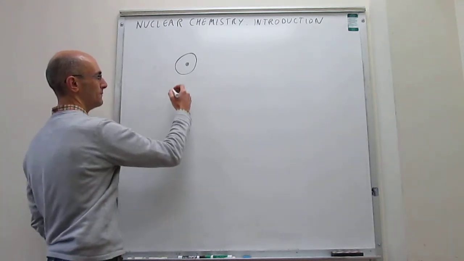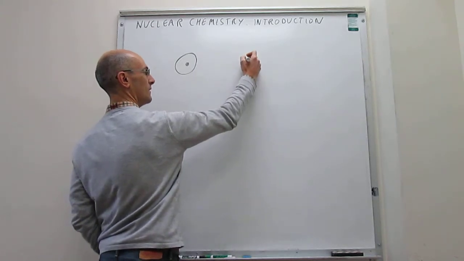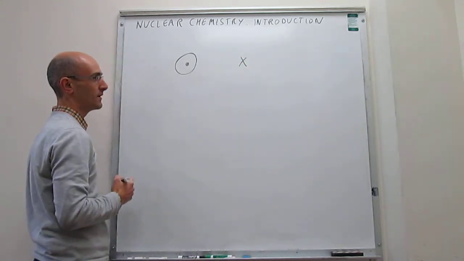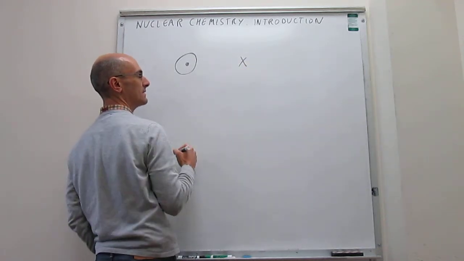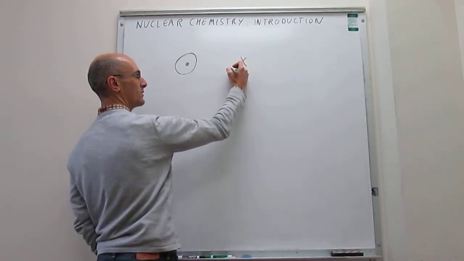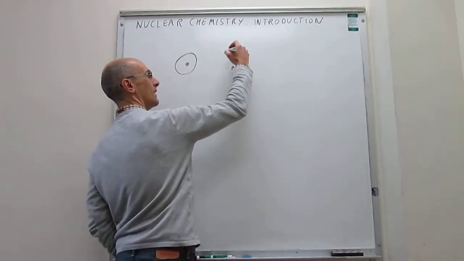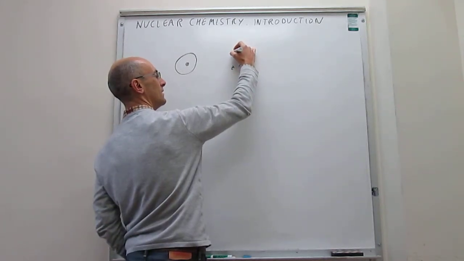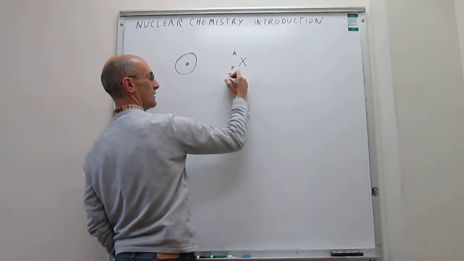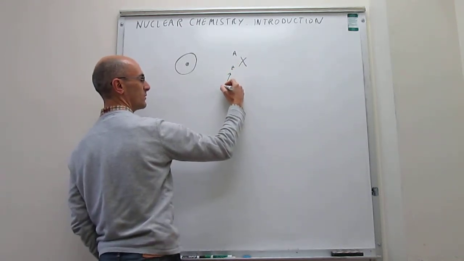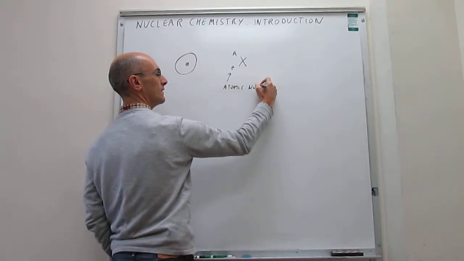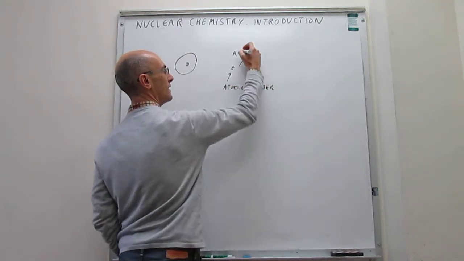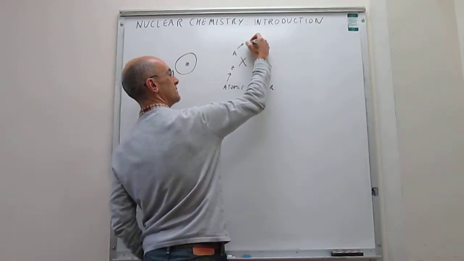Just to remember how we dealt with atoms, an atom is determined by its atomic symbol, but we also have to specify the number of protons, the atomic number Z, and then the mass number A.